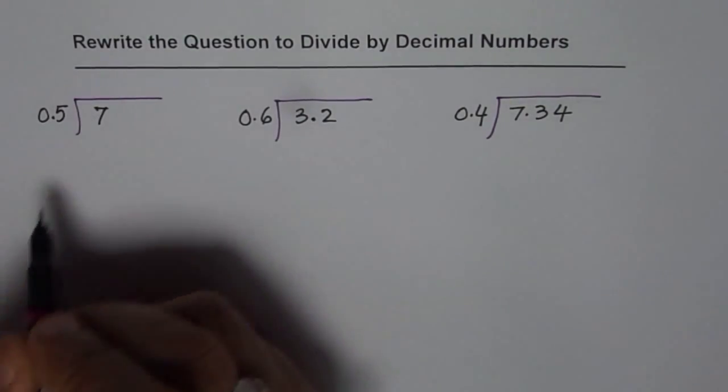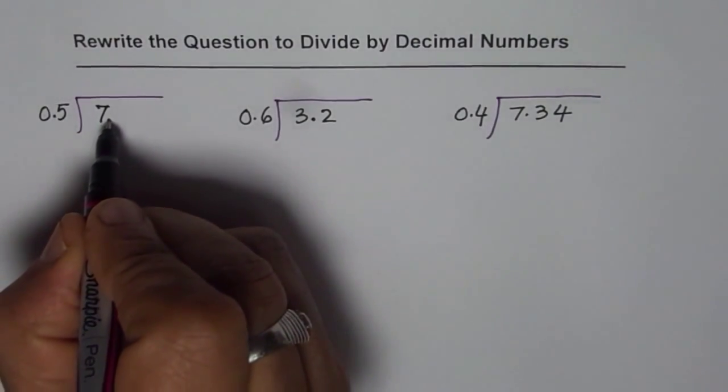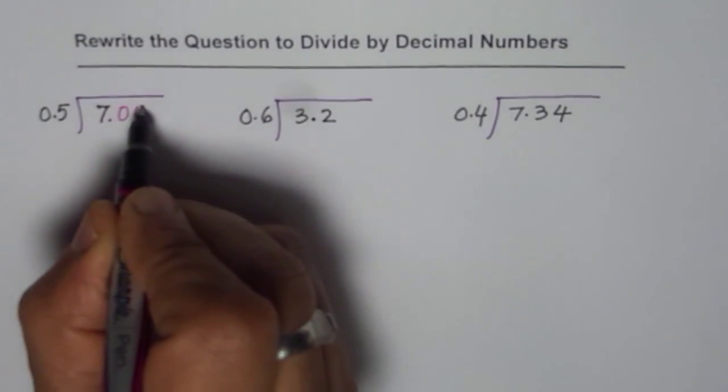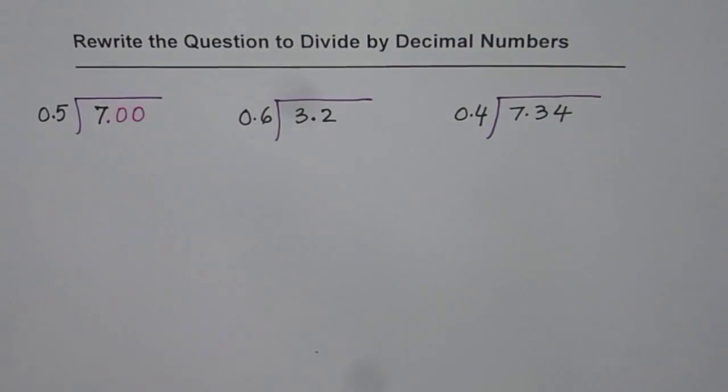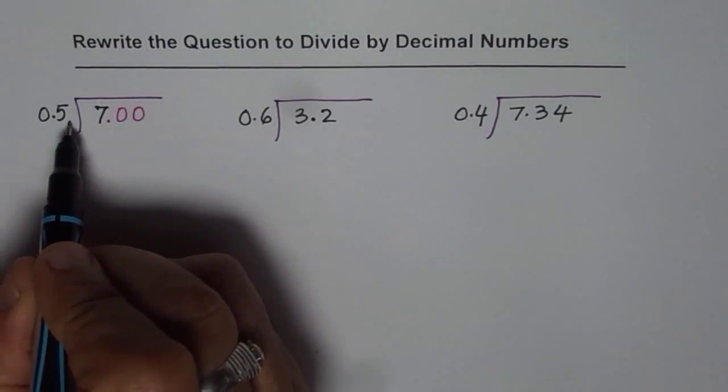First one, it is a whole number. You don't see any decimal, but every whole number has a decimal, and you can add as many zeros as you want after the decimal. So that helps to simplify the question. So now the idea is to get rid of the decimal from the divisor.